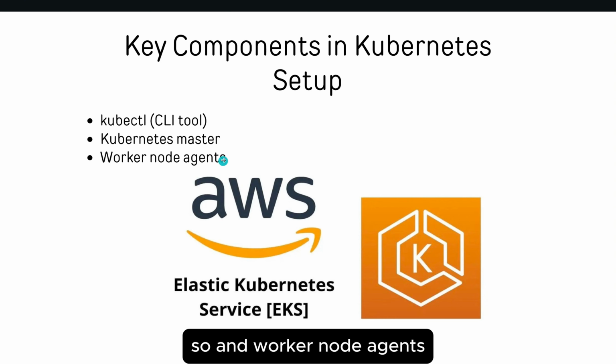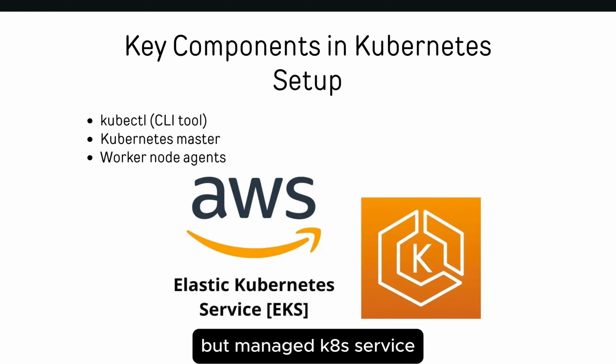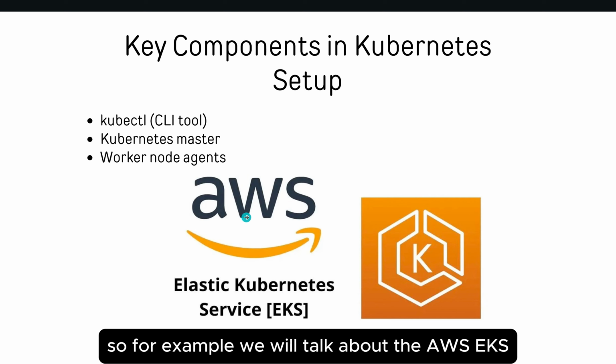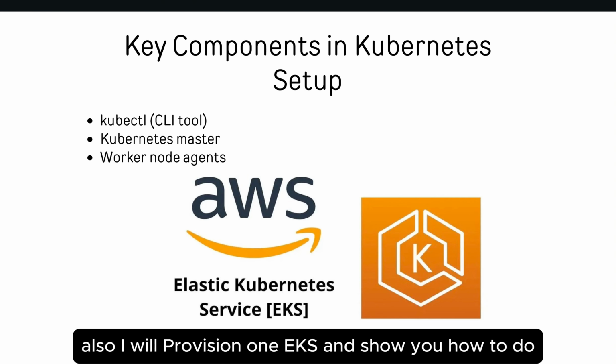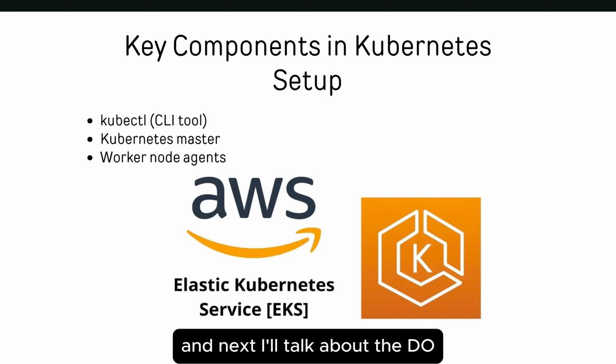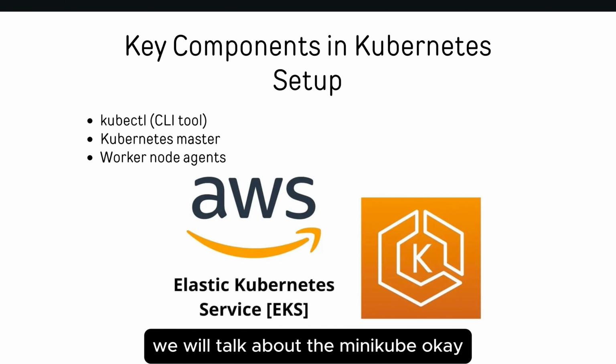And worker node agents. Since Minikube is not giving any nodes, but with a managed Kubernetes service we can provision the nodes. For example, we will talk about AWS EKS also. I will provision one EKS and show you how to provision AWS EKS. And next I'll talk about DigitalOcean. Before managed Kubernetes service, we will talk about Minikube also.